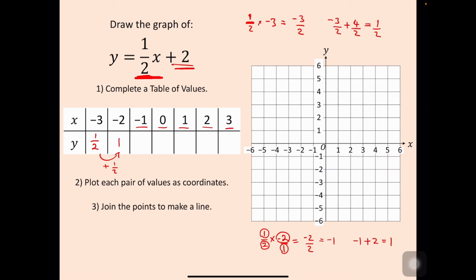But I'm just going to use a shortcut. I'll add a half each time. So 1 plus a half is 1.5, which is 3/2. I'll write the value as a decimal as well. Then we have a 2, 2.5, 3, 3.5.